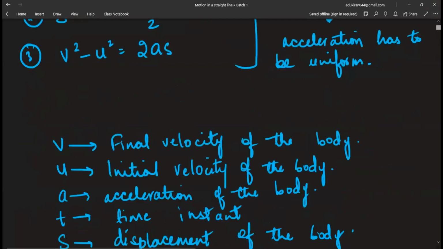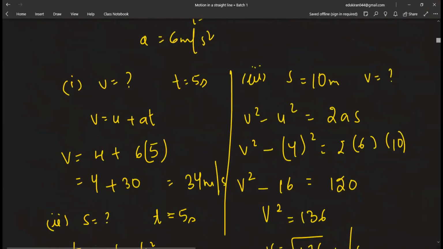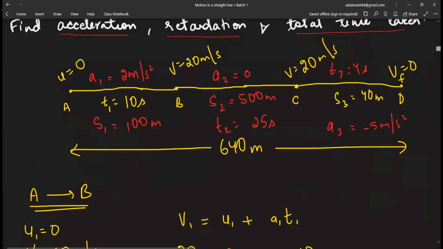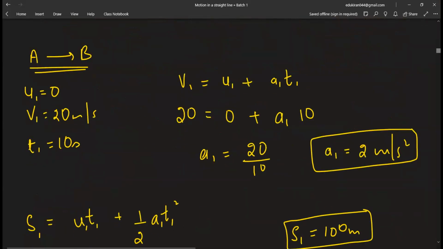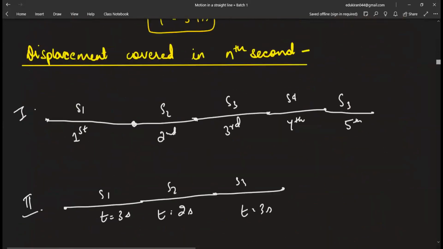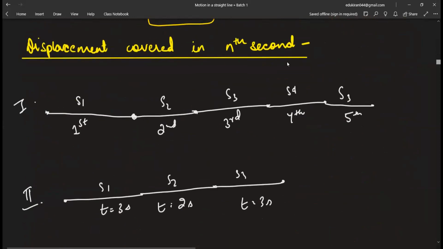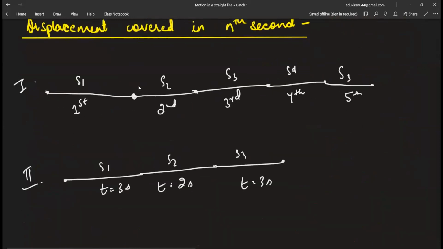If, see here, time duration was given 10 seconds and everything. But if it is given in the second like this, or fourth second, fifth second, in this case, see, displacement covered in nth second. Now understand this part first. There are two things.